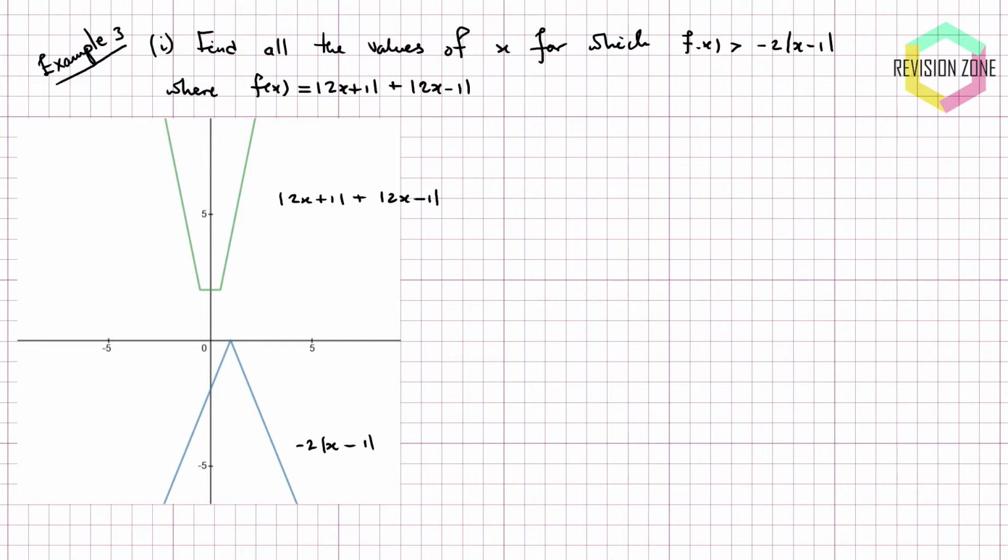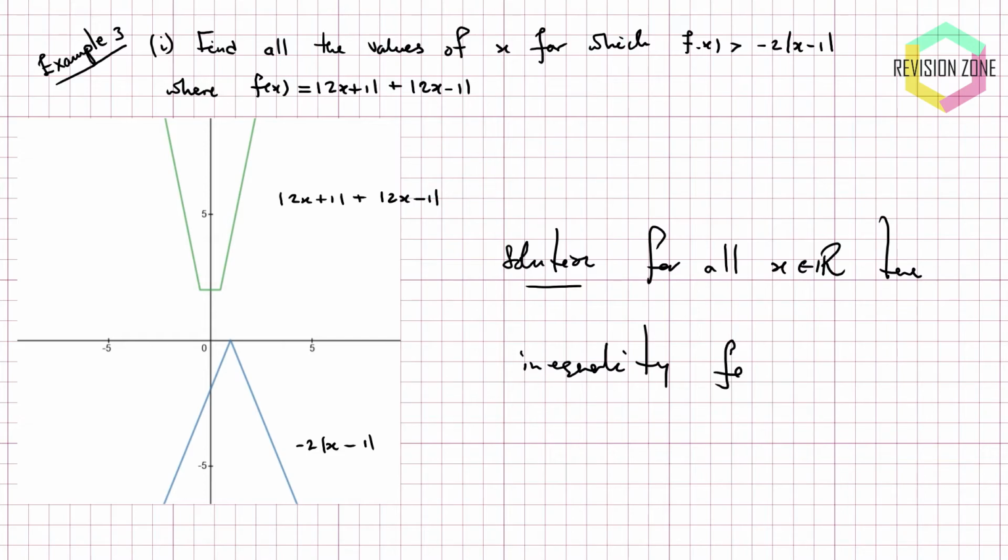So we know what the solution here is: for all x being real numbers, the inequality is satisfied. Okay, just a quick remark before moving on to part 2 of this example: we could have actually written the solution down for this without even doing any of this in the first place.